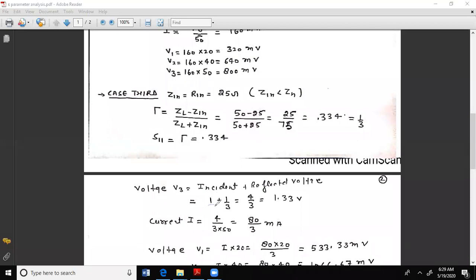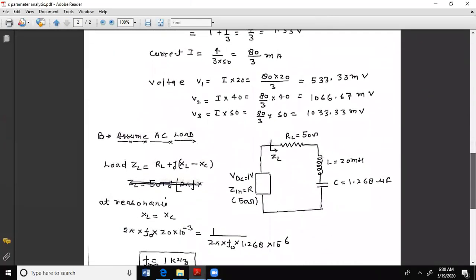So 1 volt is the applied voltage and the reflected voltage is 1 by 3, so the total voltage is 4 by 3, which is numerically 1.33 volt. Now the current in the circuit is 4 by 3 upon the impedance 50, which is 80 by 3 milliampere.